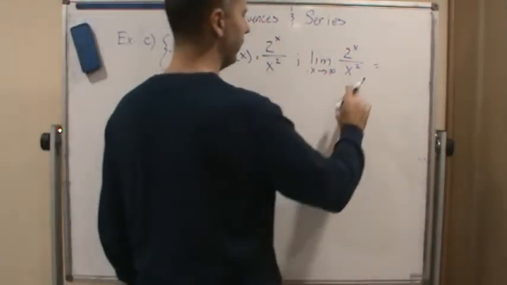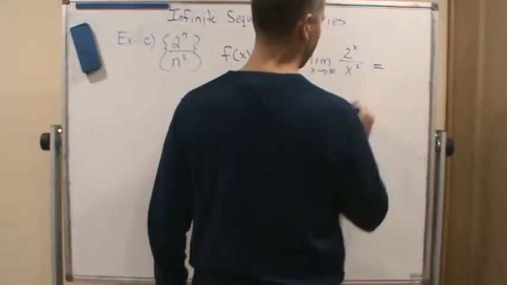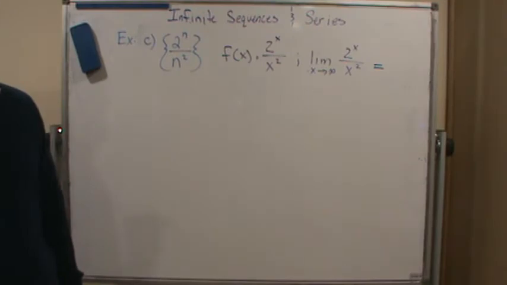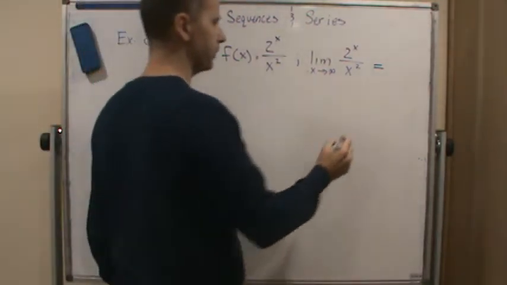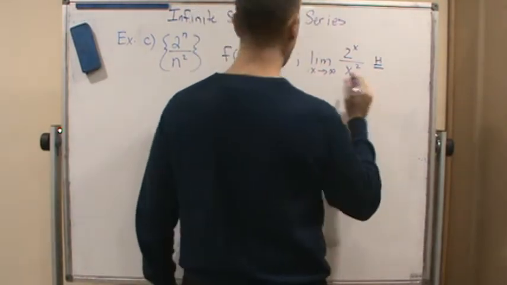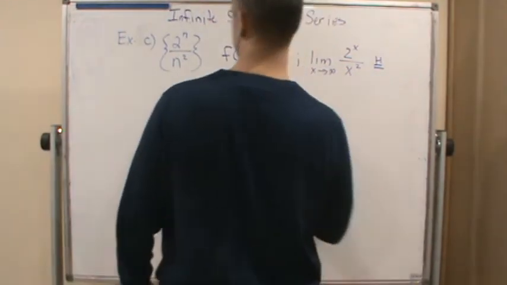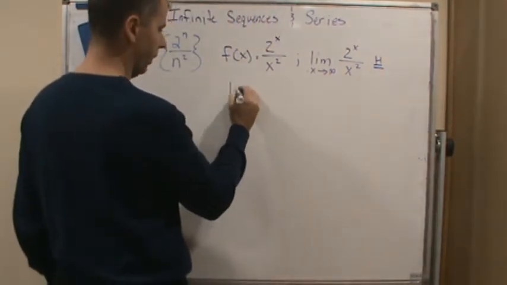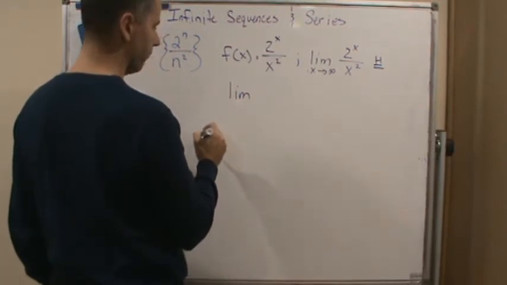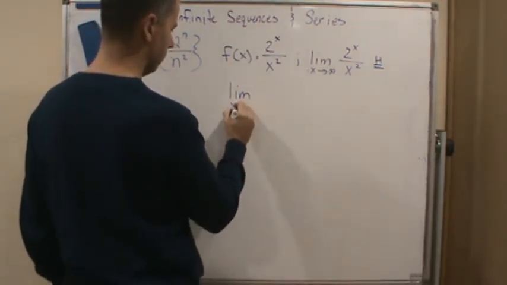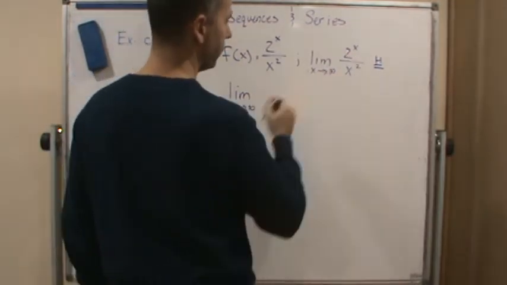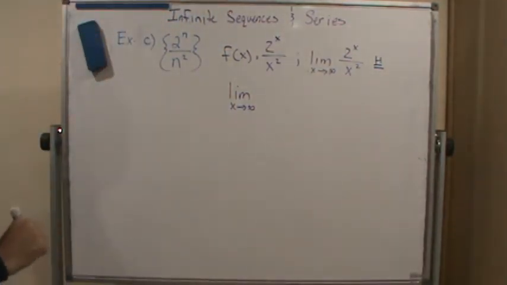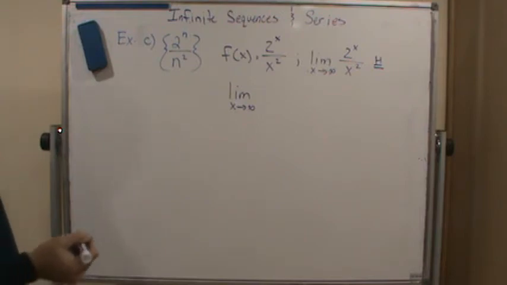So what does that mean? Well, we could take the limit of the derivative of the top and the bottom. So by L'Hopital's rule, what do we get? Let me write it down over here. We get the limit as x approaches infinity. So the derivative of the top, it's an exponential, right?